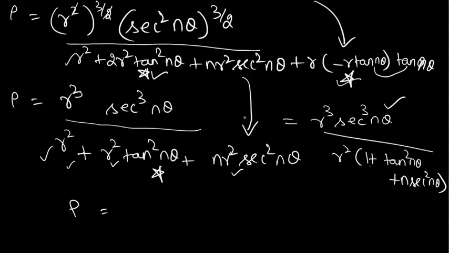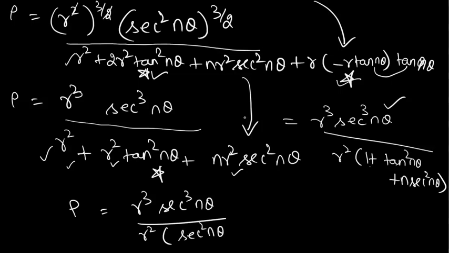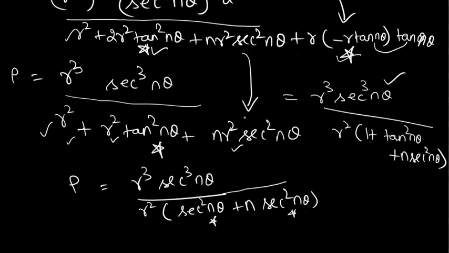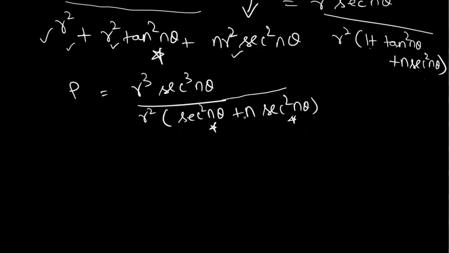So what is 1 plus tan square theta? It is nothing but secant square theta, correct? So secant square n theta plus n into secant square n theta. Now if you see in both the terms which is common, secant square n theta, I'll rewrite this as a simplification after this.